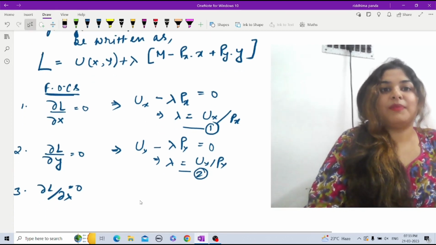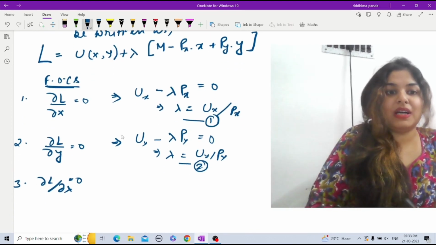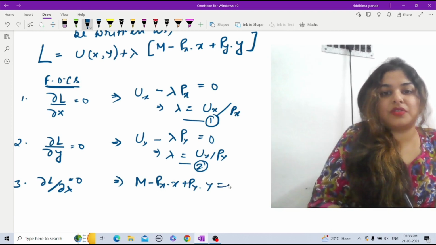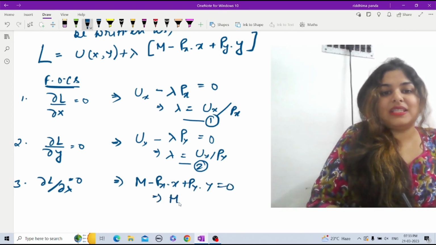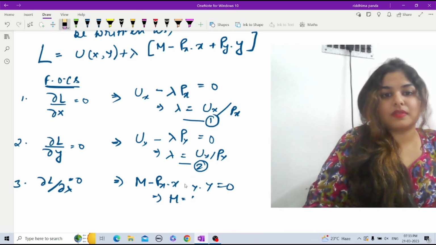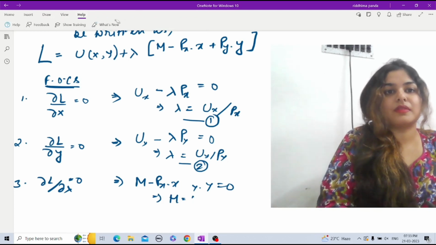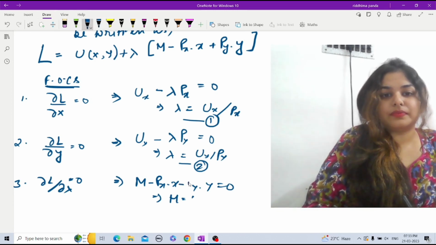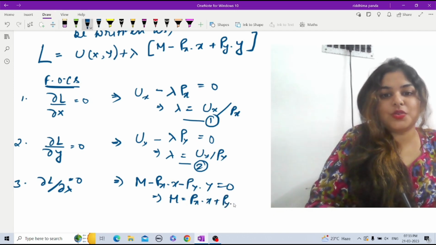And when I differentiate it with respect to lambda, the answer is m minus Px into x plus Py into y is equal to 0, or m is equal to Px into x plus Py into y.